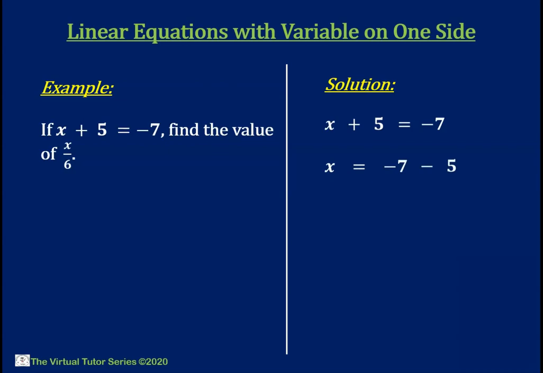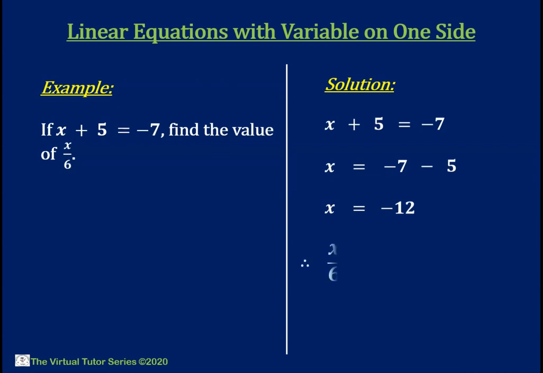The second step is to simplify by adding or subtracting like terms. -7 minus 5 is -12. So we have x is equal to -12. Now, let's put -12 in place of x to determine the value of x over 6.